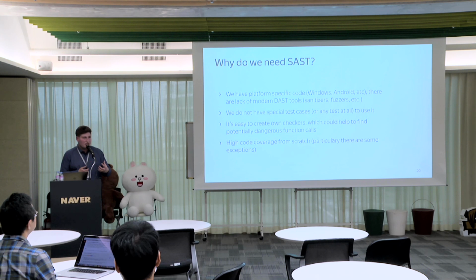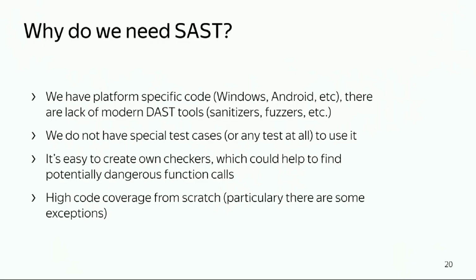You don't have to write special fast tests, or even have the unit tests, which are required for dynamic testing. You could just set up your CI system, set up the static analysis tool, and run the analysis. It's easier than performing dynamic analysis.